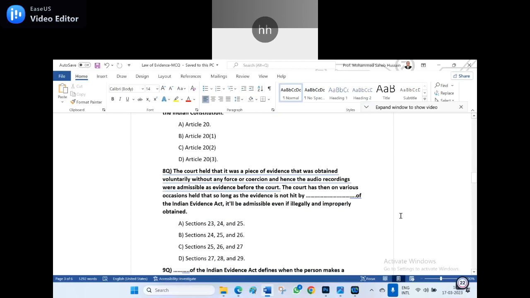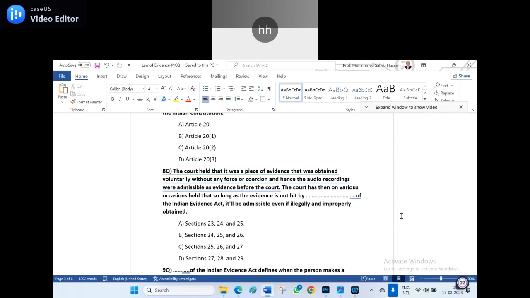Option A, sections 23, 24, 25. Option B, sections 24, 25, 26 of the law of evidence. C, sections 25, 26 and 27. D, sections 27, 28 and 29. Option C, sir. Option C, wrong.